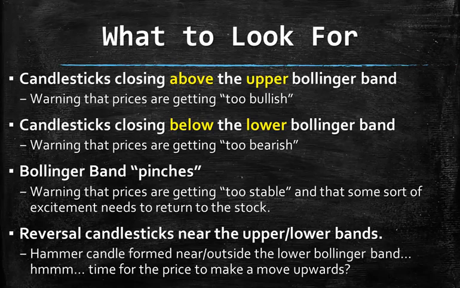Remember, location. If it's happening at a place where the indicator is suggesting that it's overextended to the downside, okay, hammer candle, overextended to the downside, meaning things are too bearish. That means things are getting out of control in the opposite way. Yet a hammer candle is formed. Maybe the price is now ready to head back up. So we'll see how those act within our case studies here in a little bit.